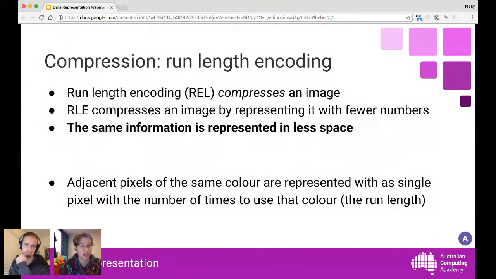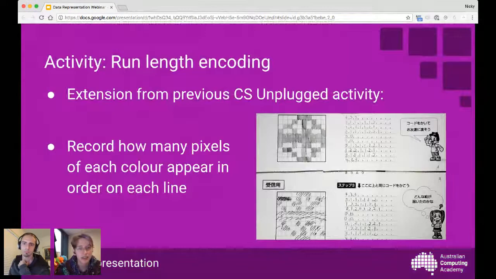In fact, that's how a lot of compression algorithms work in terms of why sometimes JPEGs are bigger or smaller, how you can compress them, is doing a very similar thing in looking at what larger groups of pixels can be treated as one big pixel, essentially. So this run length encoding extension from CS Unplugged is a really good one at looking at that concept.